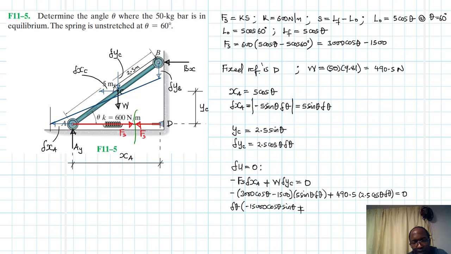Then we have plus 1500 by 5, so this is 7500 sine theta.